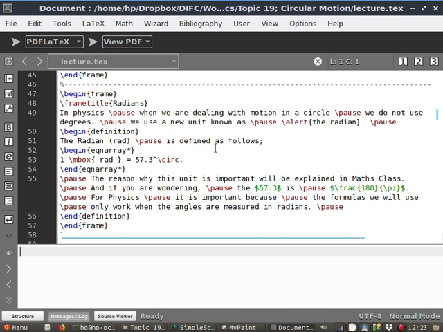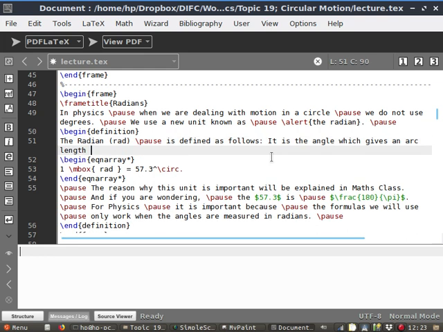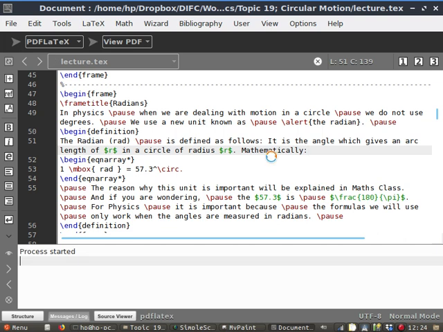The radian is defined as follows. It is the angle which gives an arc length of r in a circle of radius r, mathematically. Okay, that's a bit better.